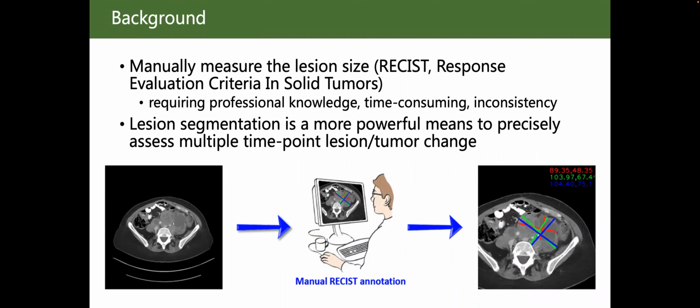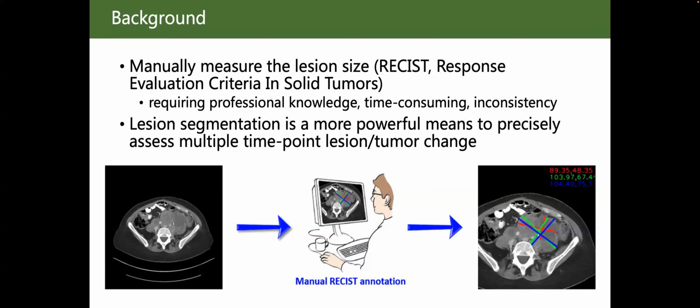So one way to solve this problem is to develop models or algorithms to automate this labeling procedure. Besides, some previous works have proved that lesion segmentation is a more powerful means to precisely assess multiple time point lesion or tumor change compared to the RECIST diameters.